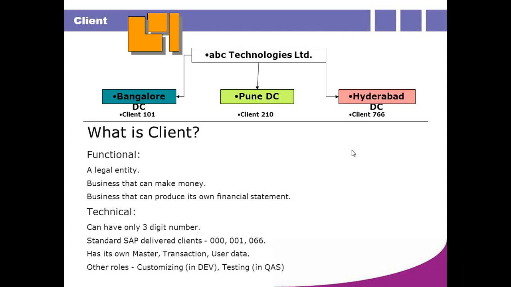Here, the Bangalore data, whatever comes into the system through the Bangalore team, goes into the same database, and Pune the same database, Hyderabad the same database.